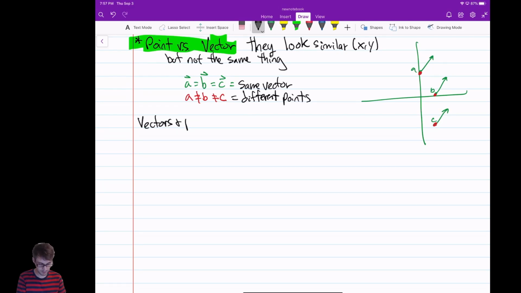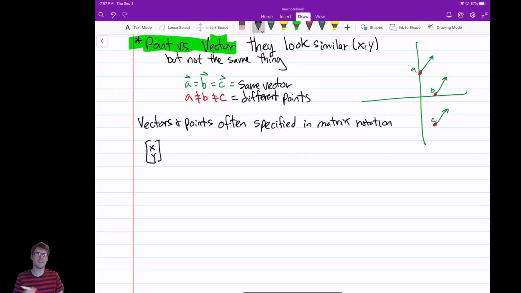Vectors and points, to make things worse, are written down the same. They're often specified in matrix notation. So they're typically written like this, with the x on the top and the y on the bottom, and that just makes the multiplication easier because you post multiply with a matrix, but we'll learn a lot about that later.